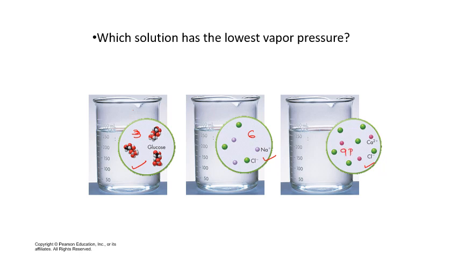When you count, you can see that. So calcium chloride will have the highest effect on lowering the vapor pressure, because we have more particles there. More particles will be on the surface of the liquid, which blocks the water molecules from escaping into the vapor phase.